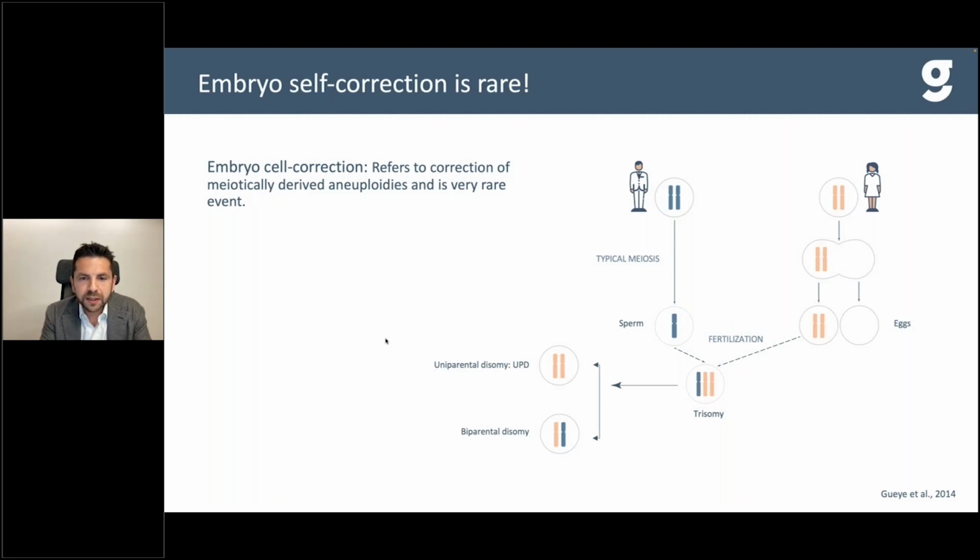Now, this event is measurable because in many cases, this event will result in the generation of a population of cells that are characterized by uniparental disomy. This has been estimated in a very large study on thousands of blastocysts by Nathan Treff back in 2014, showing that UPD is extremely rare at the blastocyst stage, accounting for 0.06% of all the chromosomes that we find when we analyze the blastocyst stage.